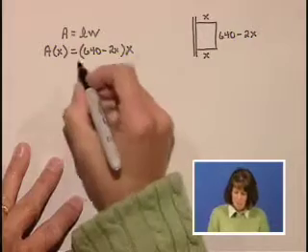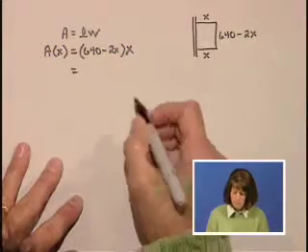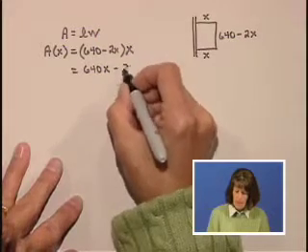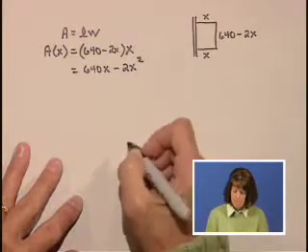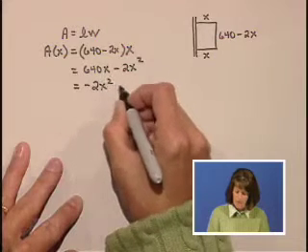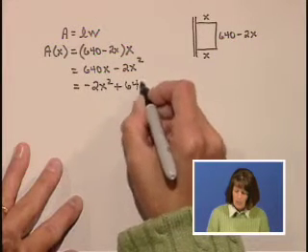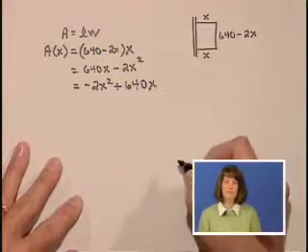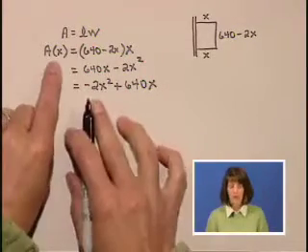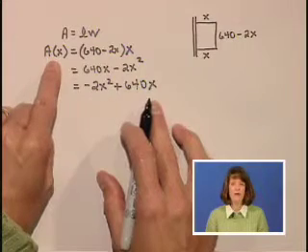Let's clean this up a little bit by multiplying through. That's 640x minus 2x squared. And I'm going to switch terms and write that as negative 2x squared plus 640x.